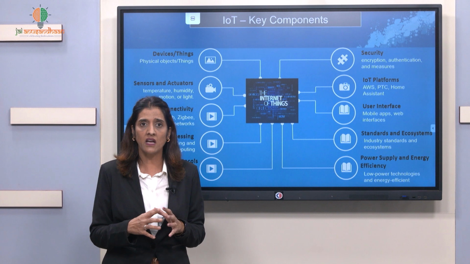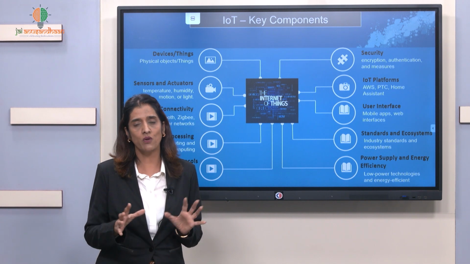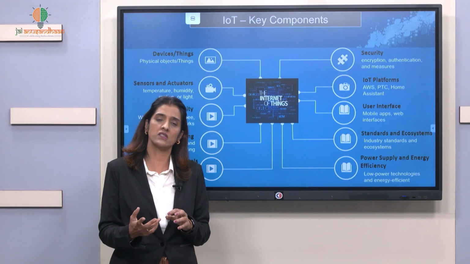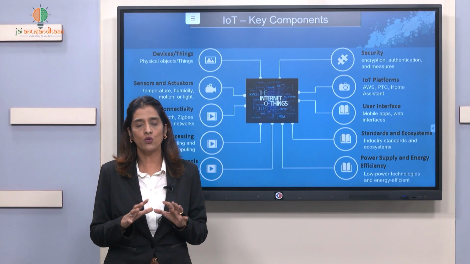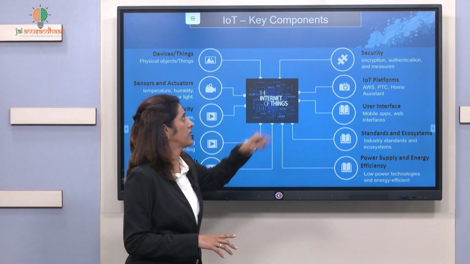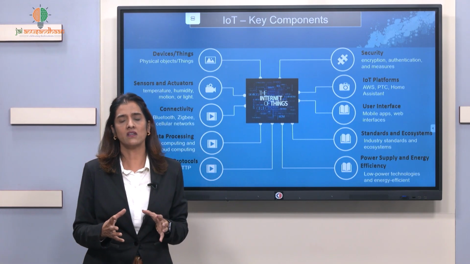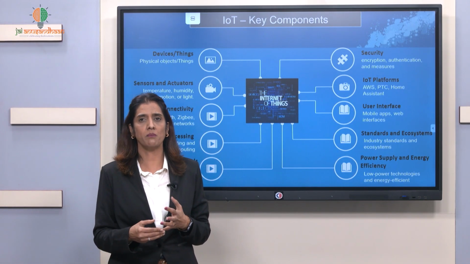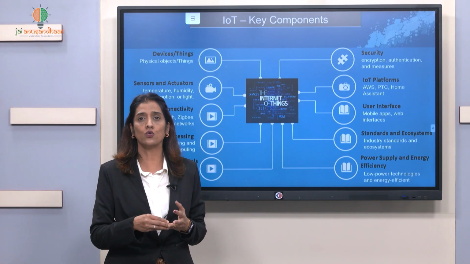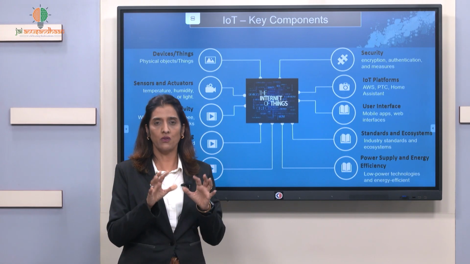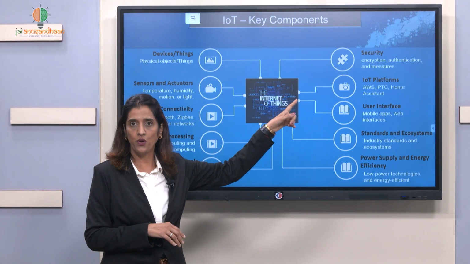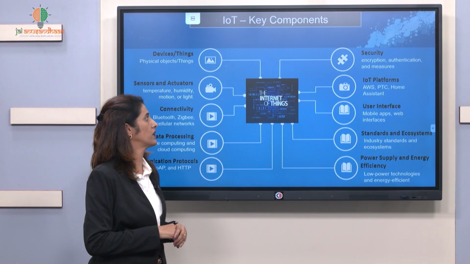Since it's big data, there are a huge number of data points around us. Everybody and everything is generating data. So how can we secure our data? We can use encryption, then we can give authentication to use that data, and we can follow some kind of standards. So this is the major key point of IoT, data security.